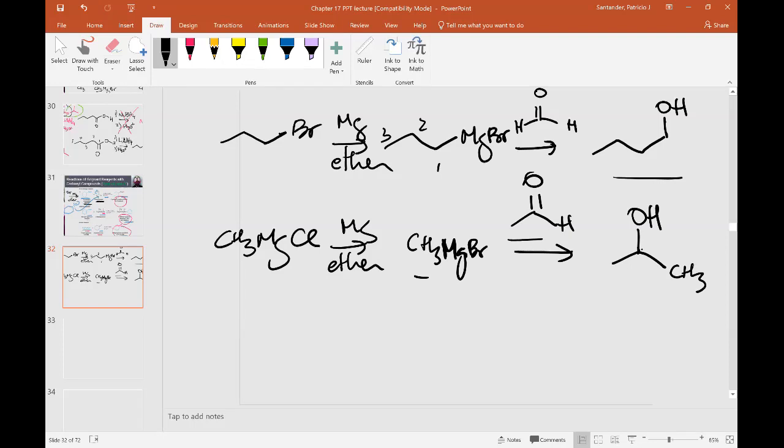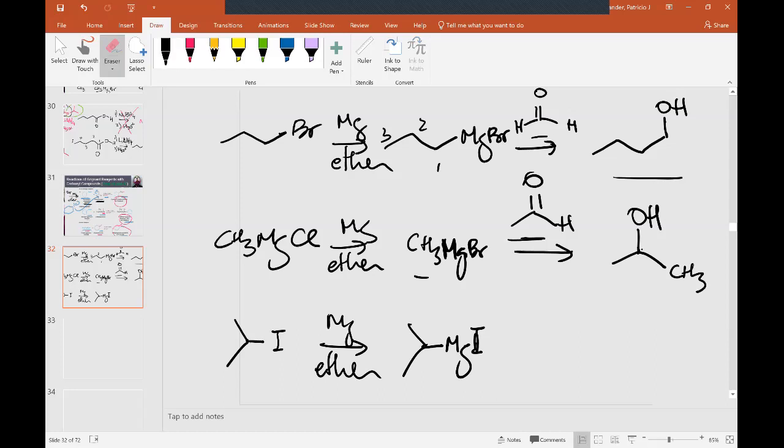And then finally, if I use a ketone instead of formaldehyde or acetaldehyde, let's say that I have isopropyl iodide, I react that with magnesium in ether, and I will get formation of my Grignard, MgI. Oops. Sorry, I just realized that in the previous one I put Br there. It should have been Cl, of course.